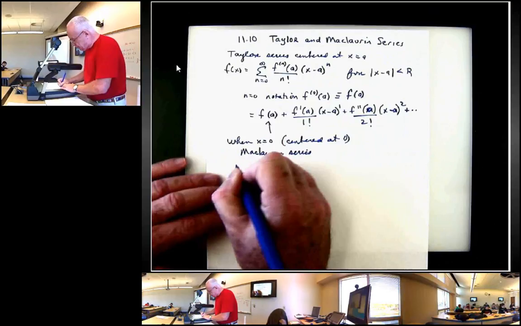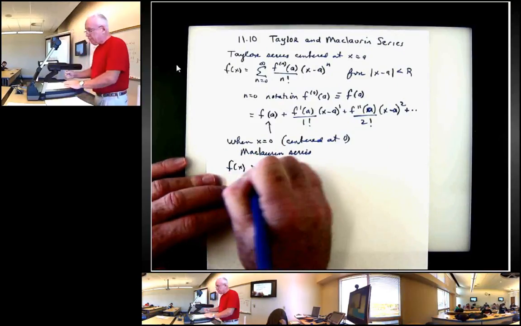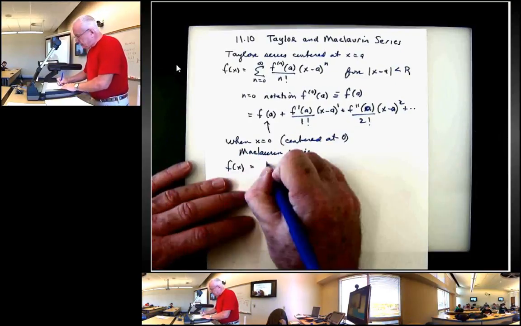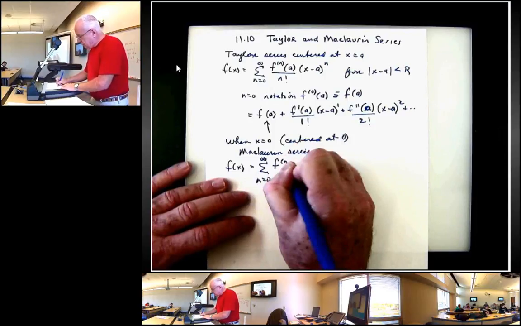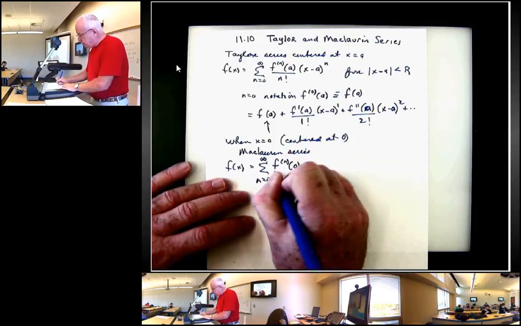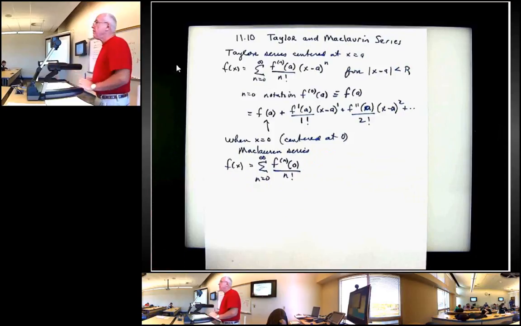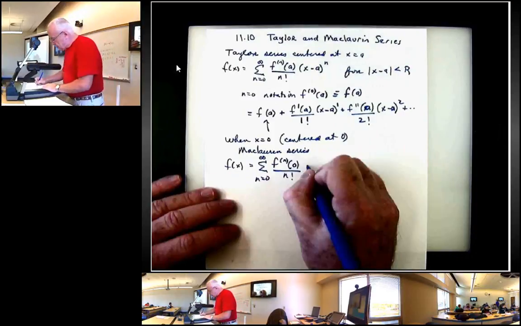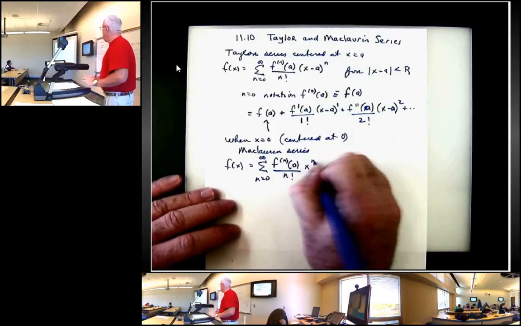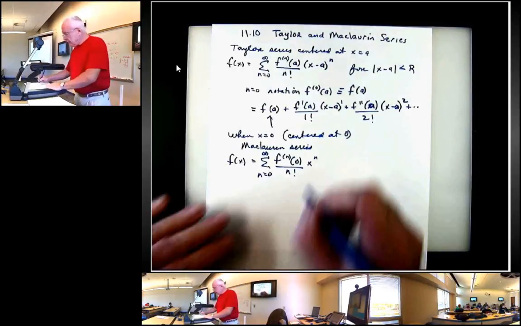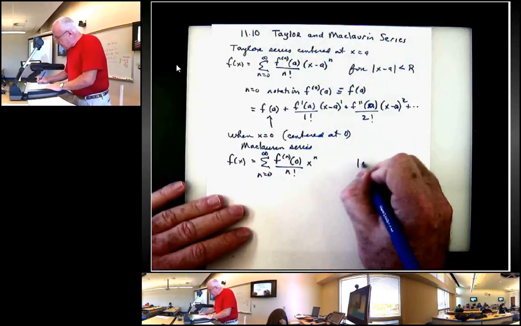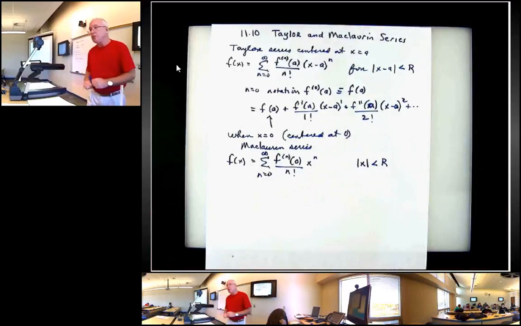That looks pretty much just like this, except we put zeros here: the summation n equals 0 to infinity of the nth derivative, except this time evaluated at 0, over n factorial, times x to the n power, because all we're doing is subtracting 0 from x. And this is for absolute value of x less than some radius of convergence.